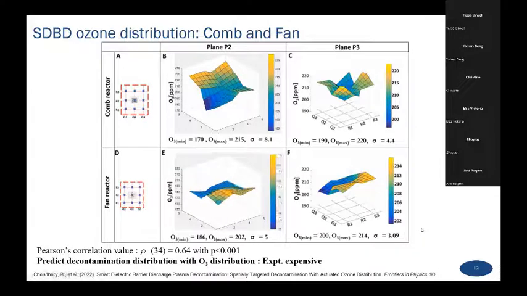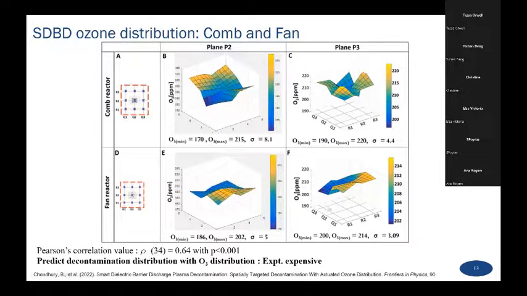To quantify this relation between spatial ozone distribution and spatial decontamination distribution, we did a statistical analysis where we found the correlation between ozone concentration at a particular point and the decontamination achieved at that same point.